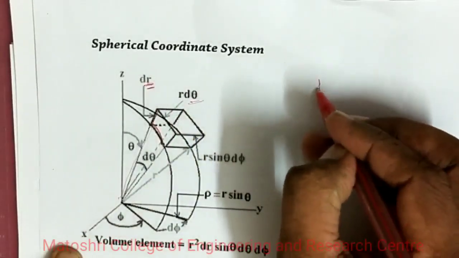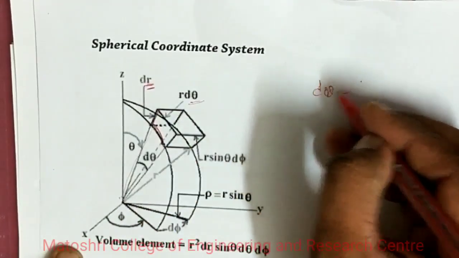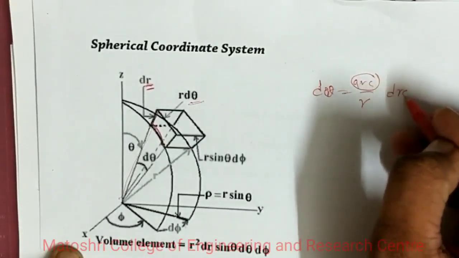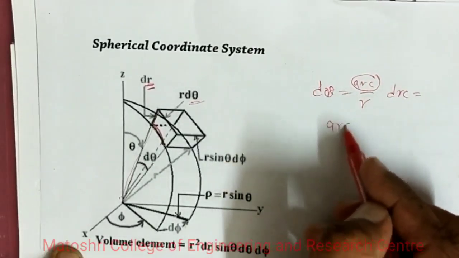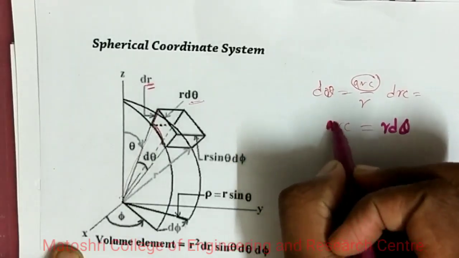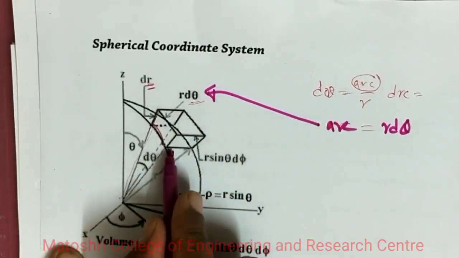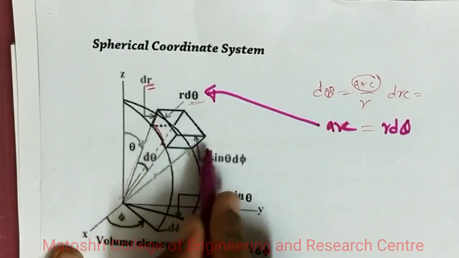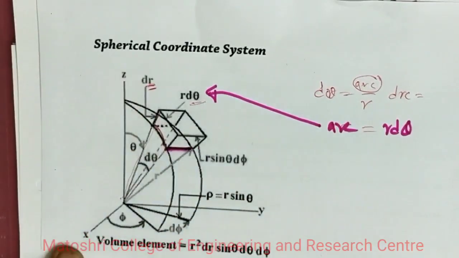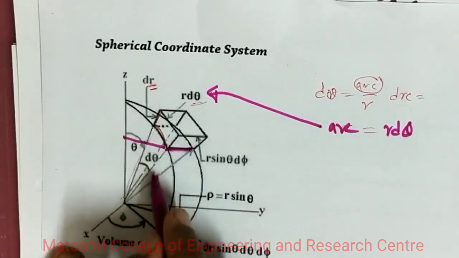Why? Because d theta is arc upon radius, that is r, so the arc, which is the length, is found to be r d theta. That's why this change in length is r d theta. But when you are varying the angle phi, the radius is different, not the radius of the sphere.